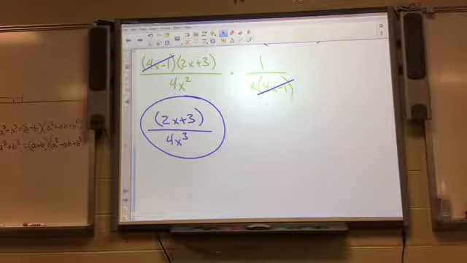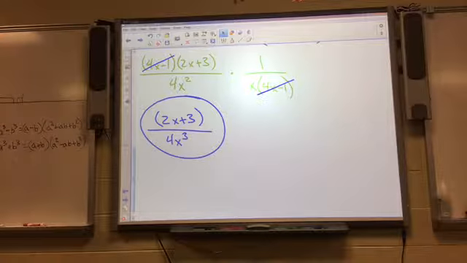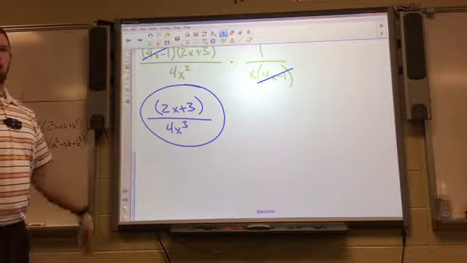Any questions on either of those examples? Division's not any harder than multiplication, is it? Yes? No? Okay, it's the exact same thing. Next lesson, which for this class will be Monday, and then for 4th period, I think we're doing it Monday also, will be doing multiple things in one problem.